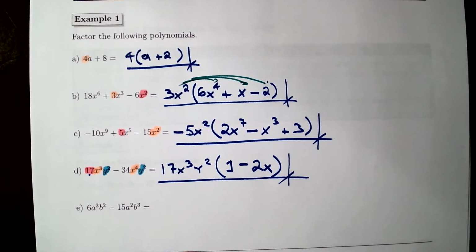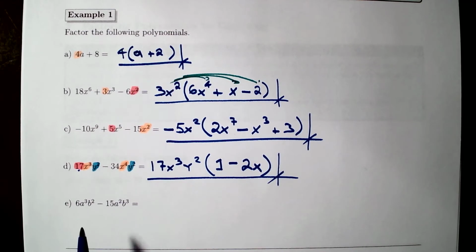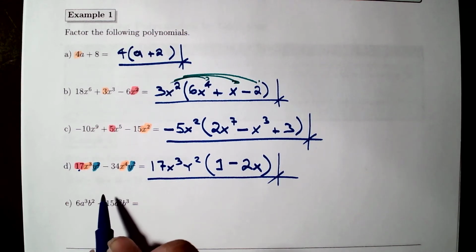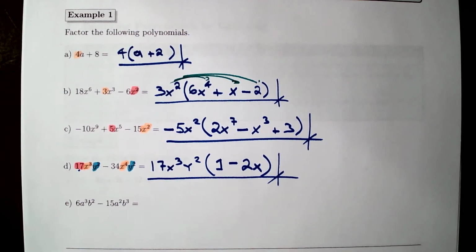Now let's observe letter E. So the first thing we do again is to look at the coefficients, 6 and 15. Focus on the smallest of them, 6. Then look at the largest of them, in this case 15. Now we ask ourselves, is 15 a multiple of 6? In this case it is not.